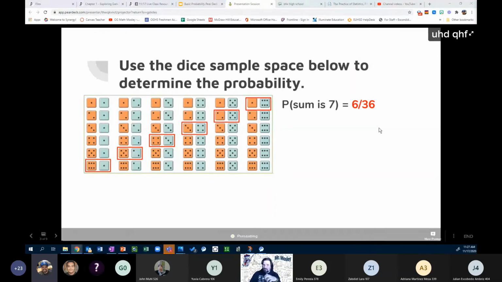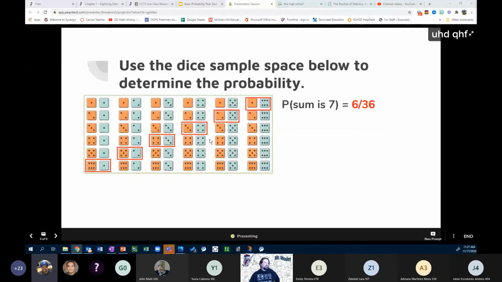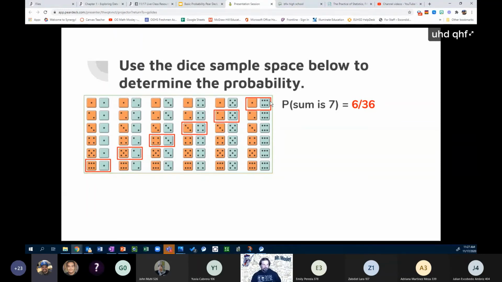We didn't need to list all of the outcomes that fulfill that event. We just wanted the probability. I have them put in a box here. We have 1, 2, 3, 4, 5, 6 possible combinations of dice rolls that add up to 7.